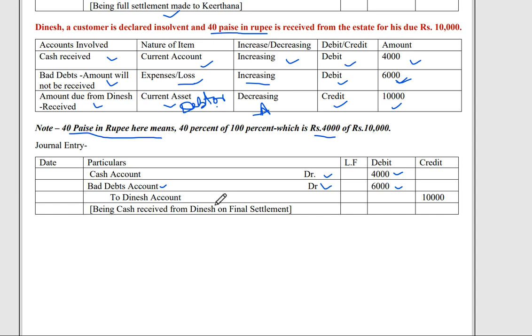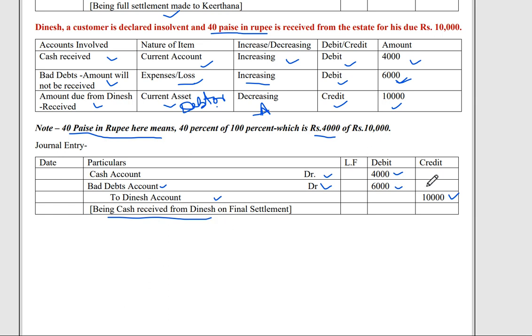And to Dinesh account, which is the total of 10,000 rupees that was pending to be received from Dinesh. As of now we are considering this as a final settlement of this transaction by putting the remaining 6,000 in bad debts. So the narration for this is: being cash received from Dinesh on final settlement.